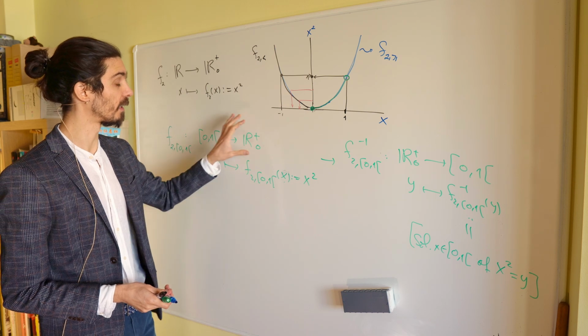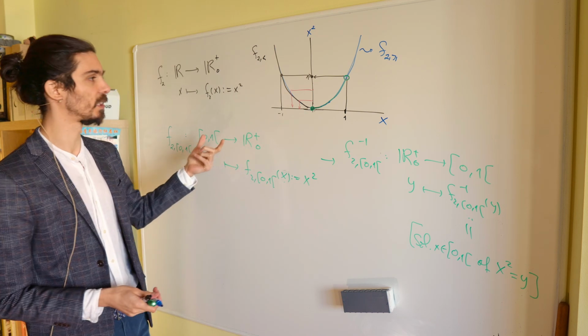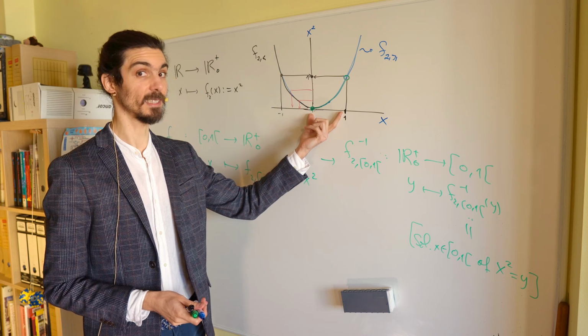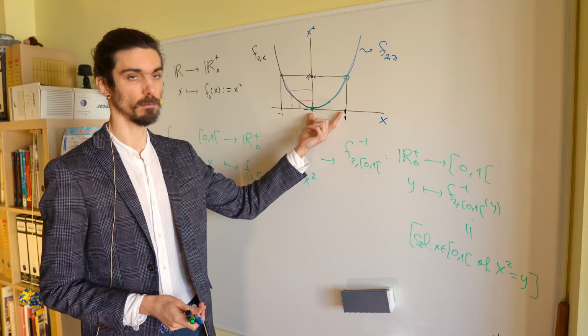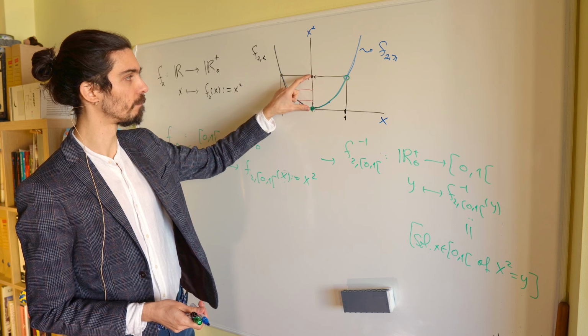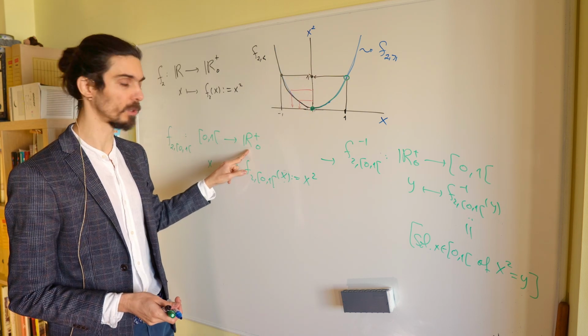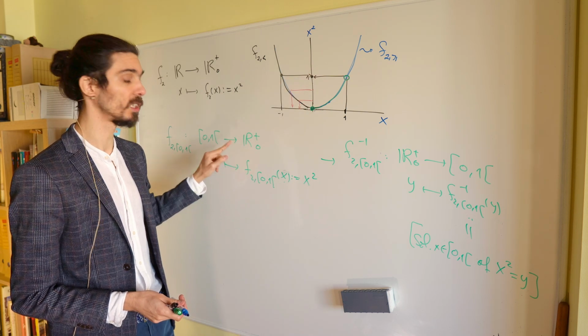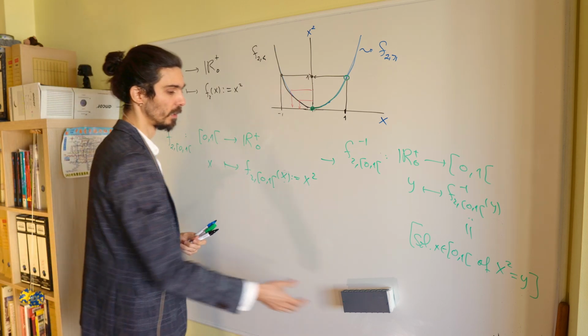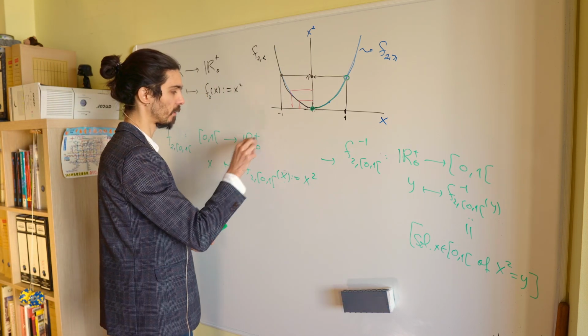Well, the range of such a function is all the images of all x's in this interval. But that corresponds to those y's between 0 and 1, not all positive reals. So this is a problem. The function is not onto. It's one-to-one, but it's not onto. So the issue is here.